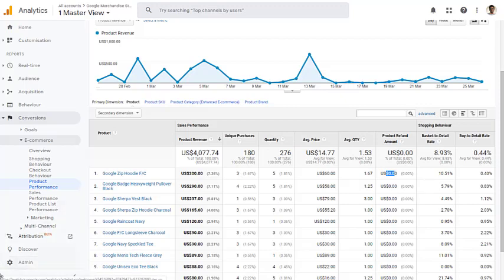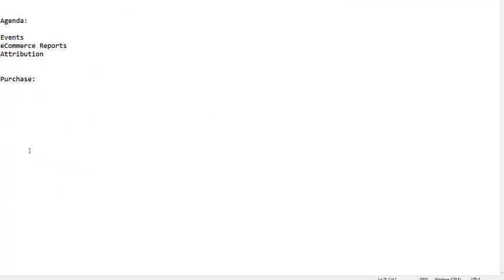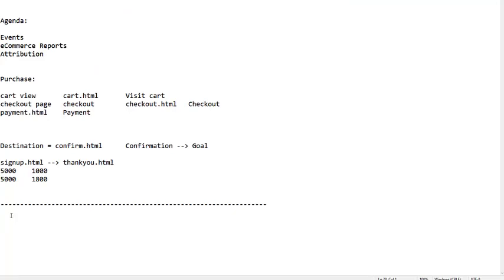To help understand unique purchases and quantity, let's imagine that I go to flipkart.com and I buy a book. I search, let's say, Chetan Bhagat book, and there is some Chetan Bhagat book, Half Girlfriend, which I could remember.